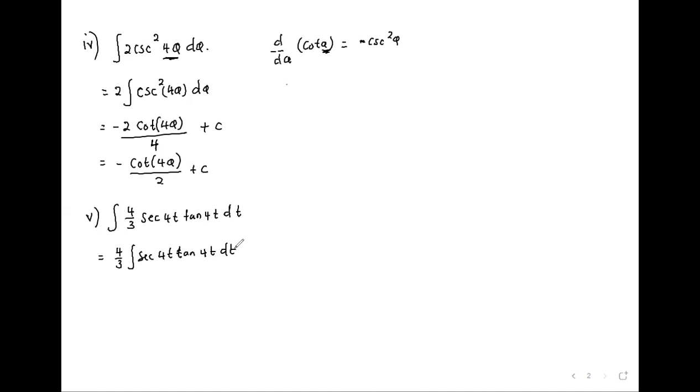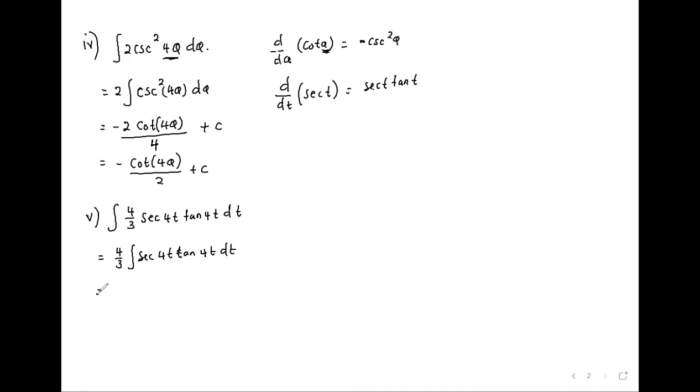So again, I remind you, if you differentiate sec t, you get sec t tan t. And the derivative of sec t.